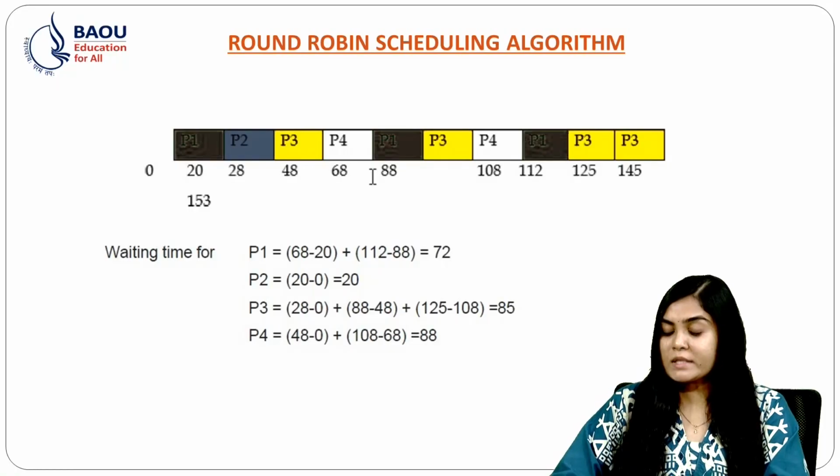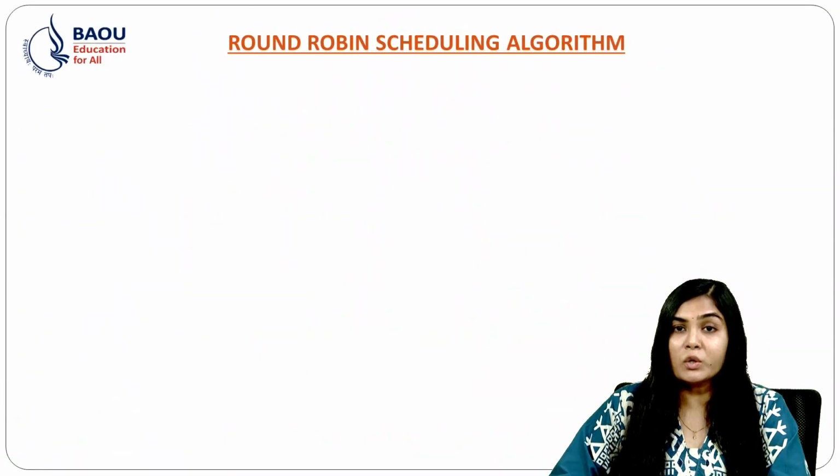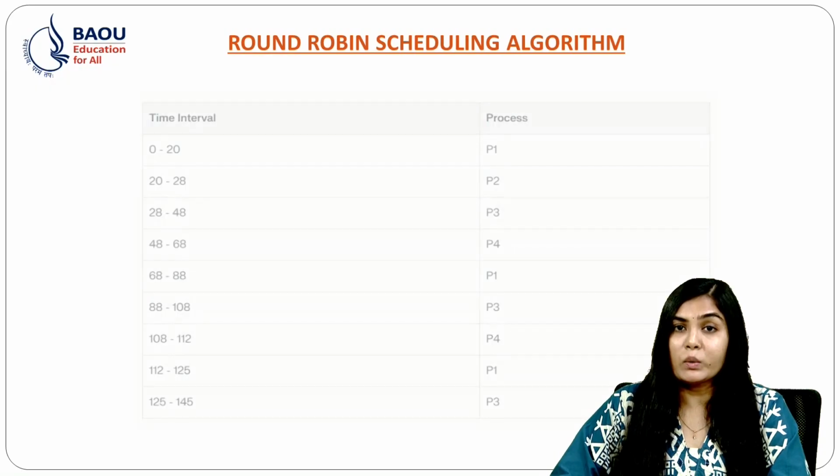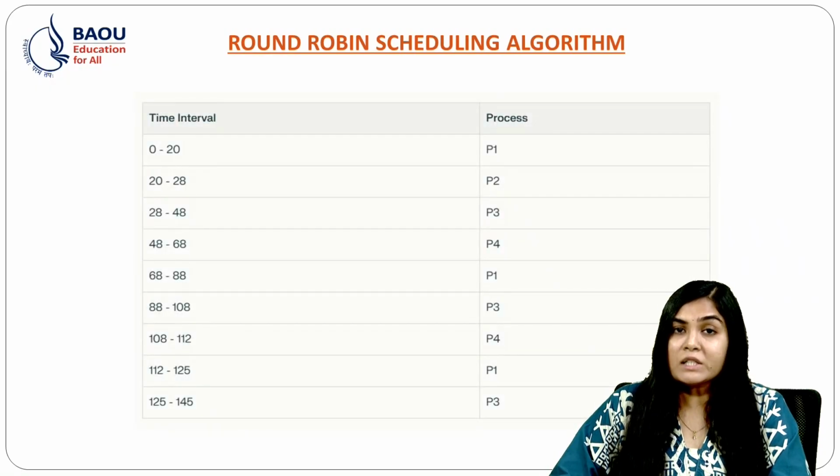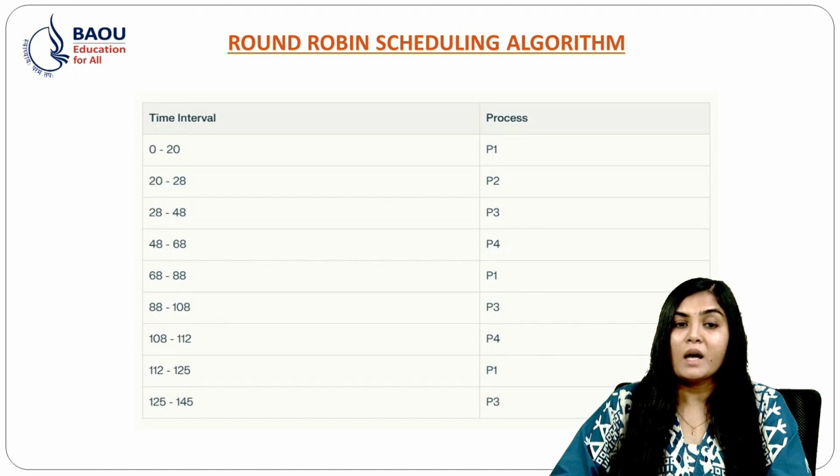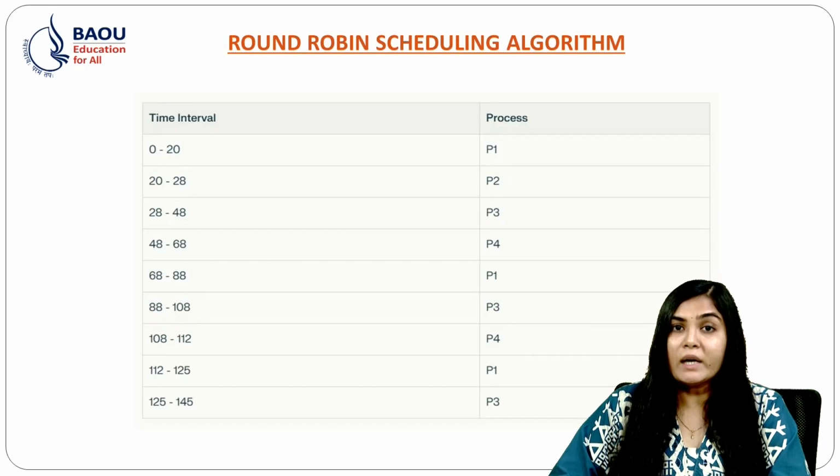This round-robin scheduling algorithm assures all processes get equal CPU time in each cycle, reducing the chance of starvation. The waiting time for each process is calculated by summing the periods it spends waiting between its turns.